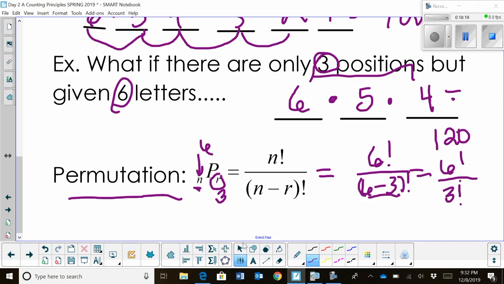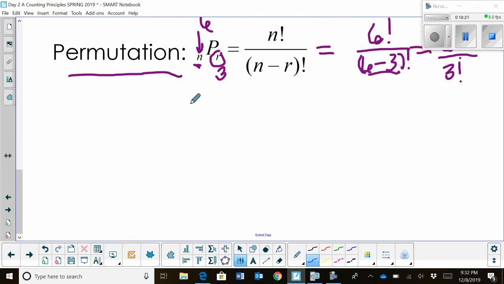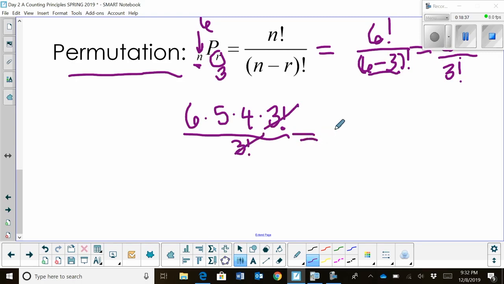Well, earlier, remember how I showed you how to do factorials? So that 6 factorial, 6 times 5 times 4 times 3 to 1, which is just 3 factorial, all over 3 factorial, where the 3 factorials cancel out. And yes, indeed, we got 6 times 5 times 4, which ends up being that 120.